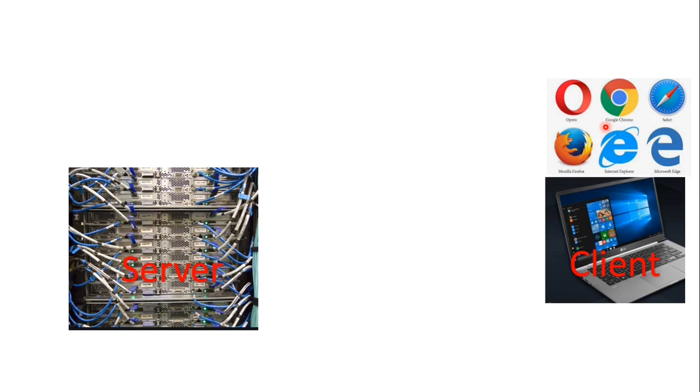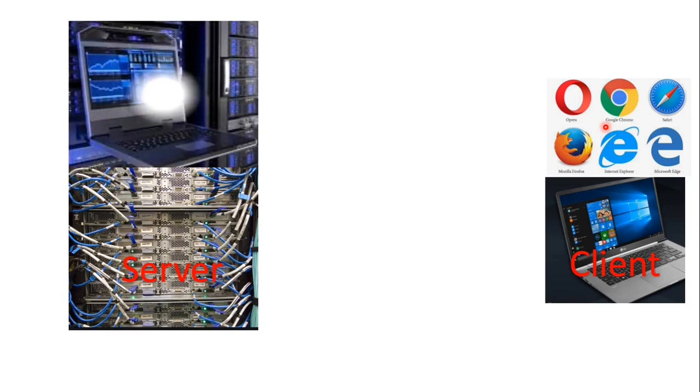At the server end we also have a software called the web server, and it is this software which will handle all the requests sent by the client through the web browser.